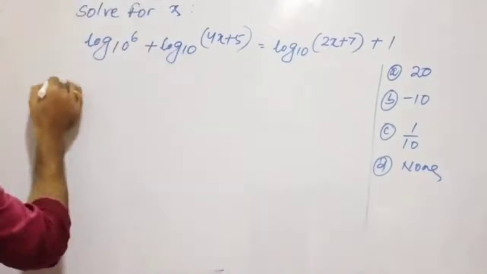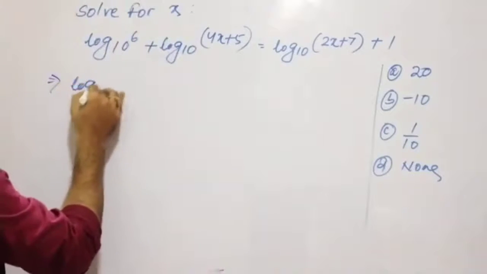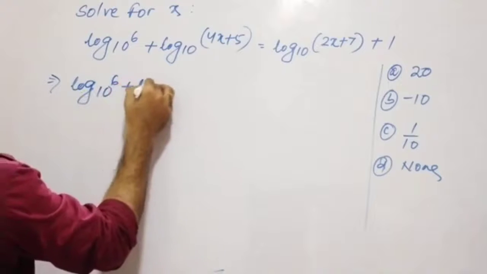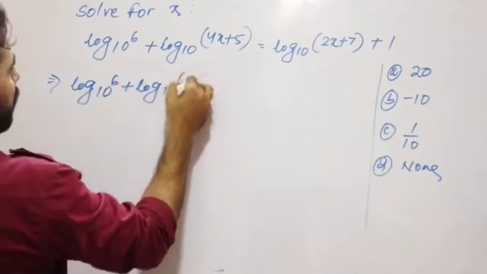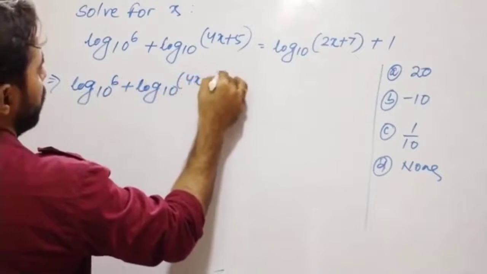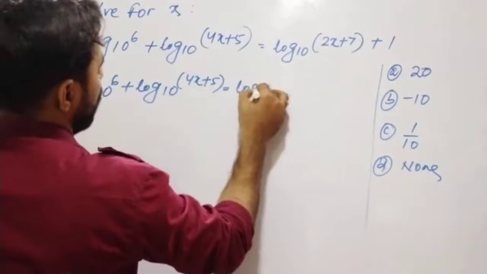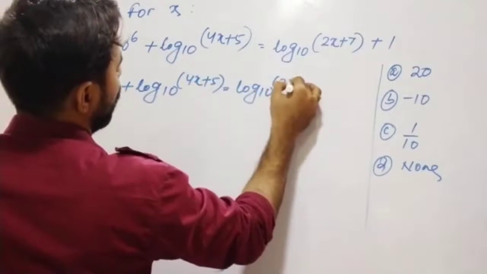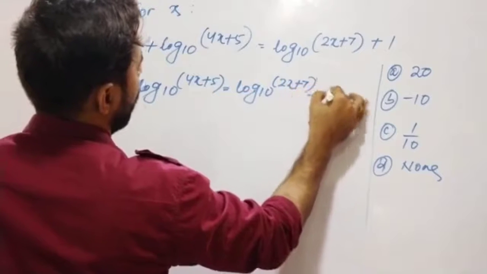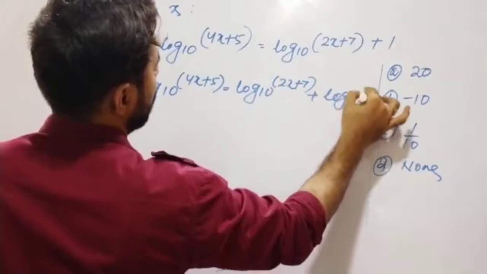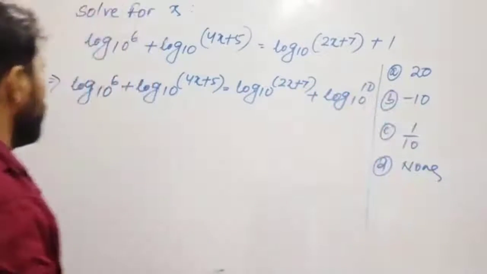So log 6 to the base 10 plus log (4x plus 5) to the base 10 is equal to log (2x plus 7) to the base 10 plus log 10 to the base 10.